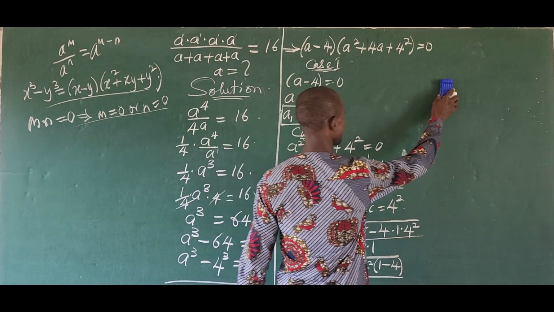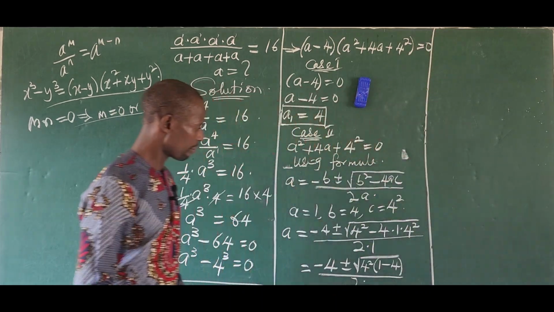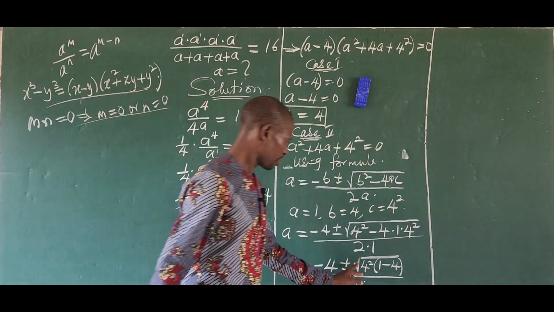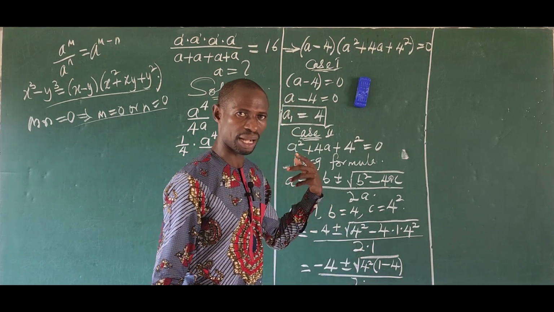Let's continue on this side and see what this gives us. This is our square root, and we have 4^2 under it, so this 4 can come out.